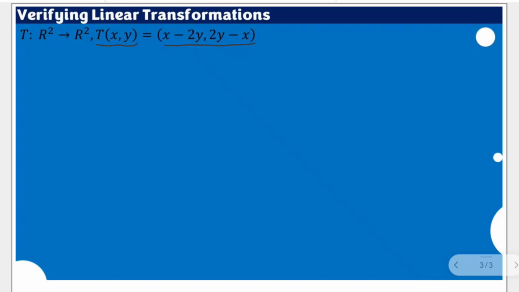The first condition is the transformation of the sum. Let's have certain vectors u plus v. The transformation of the sum is equal to the sum of their transformations.